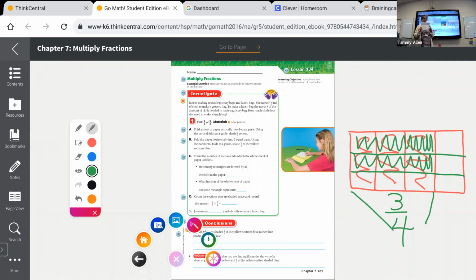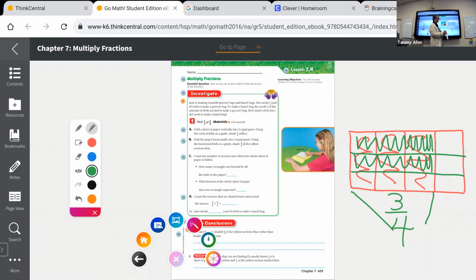I'm only looking at this part of the paper, and I want 2/3 of that. So I shade in that much of it. Or I can turn it that way and it matches up.